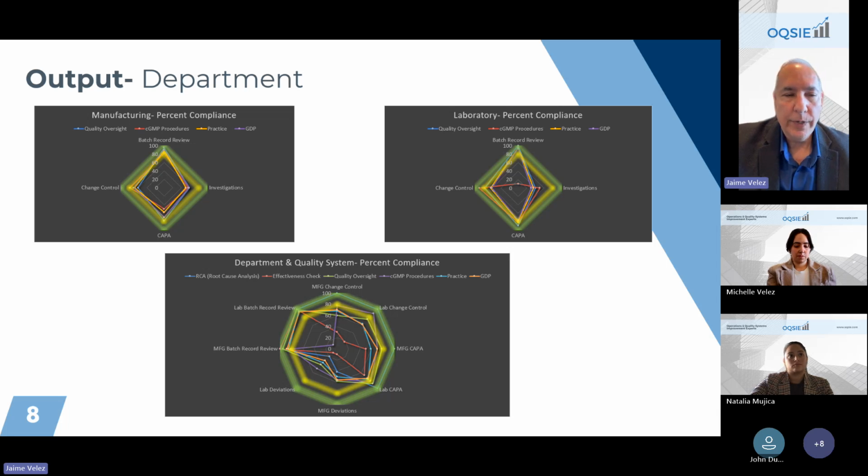Now, imagine having that information not only at the group level or at the department level, but imagine being able to very quickly drill down into that view within departments within the manufacturing group. So, for example, being able to discern between the packaging group versus the drug product manufacturing group. And then imagine being able to drill down, let's say for packaging, and discern between first shift, second shift, and third shift.